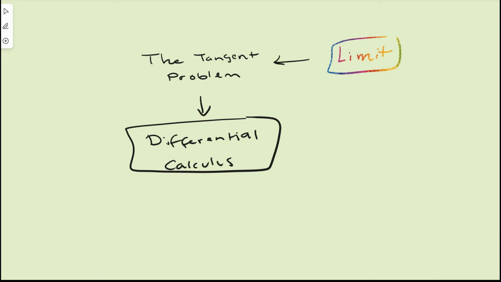Maybe you remember doing some applications of that, like optimization problems or related rates. And we know the derivative to be extremely useful just from our understanding of the tangent problem, right? The geometrical importance of tangents.